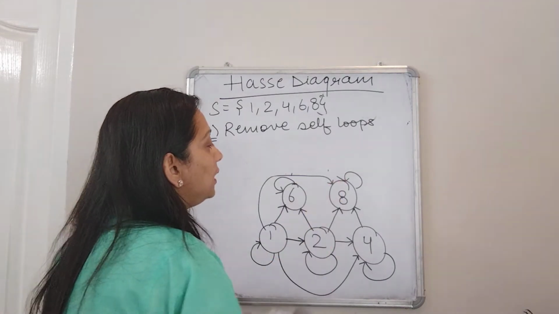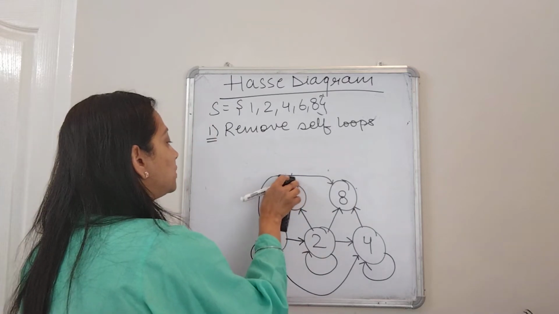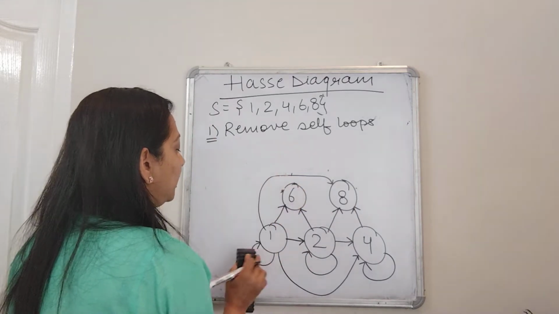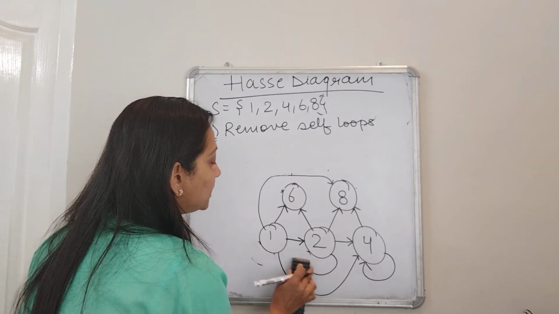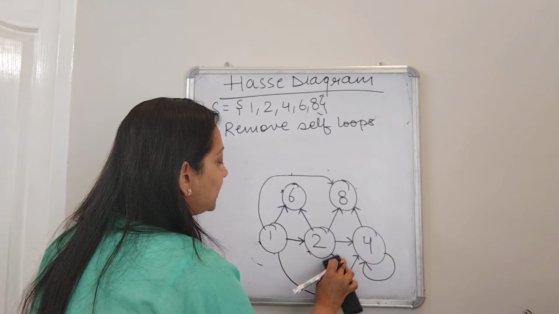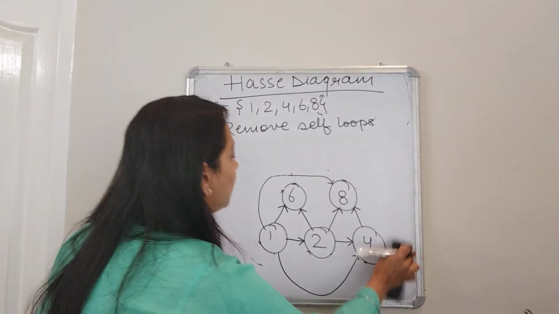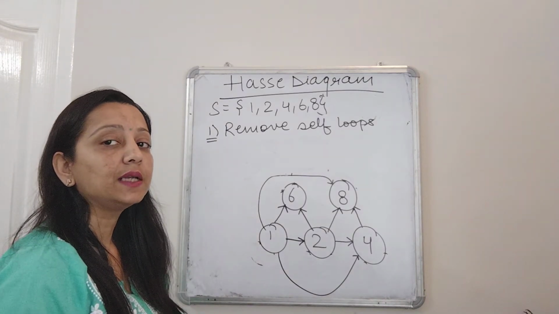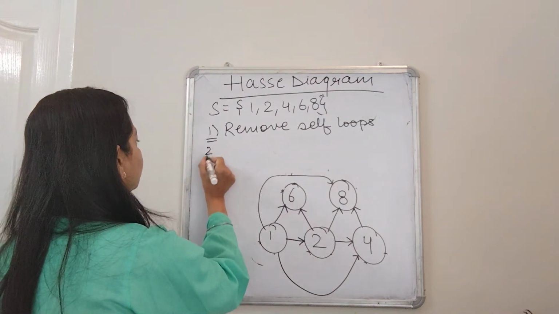So the first step that I do is that I remove all the self loops, because it is a poset and so it is reflexive, so it will have self loops by default. So I have removed all these self loops from my graph.